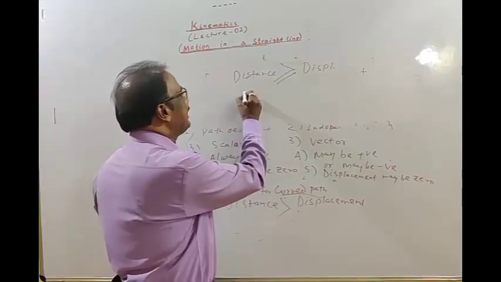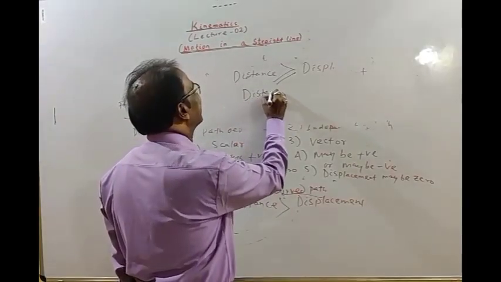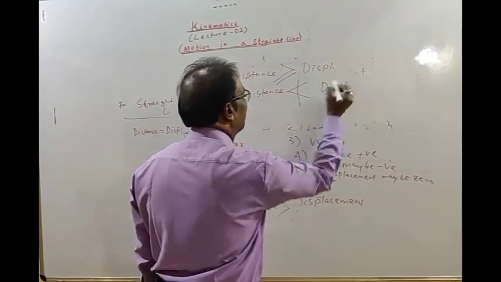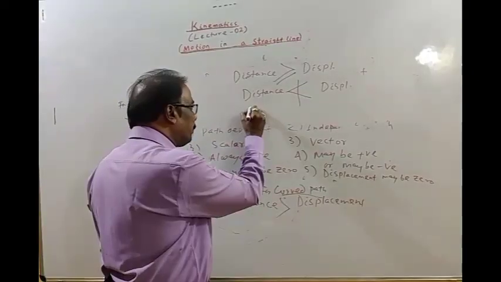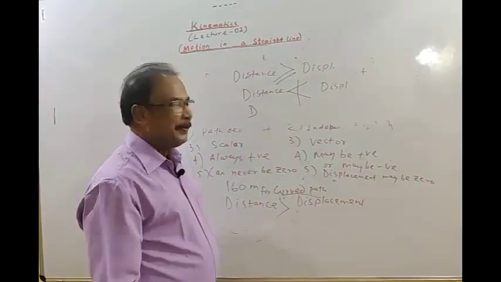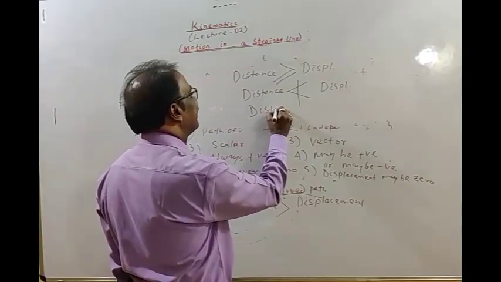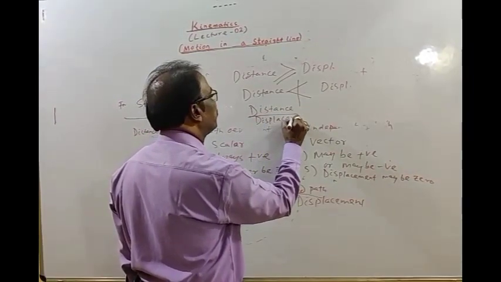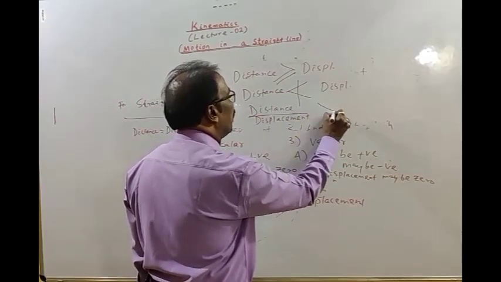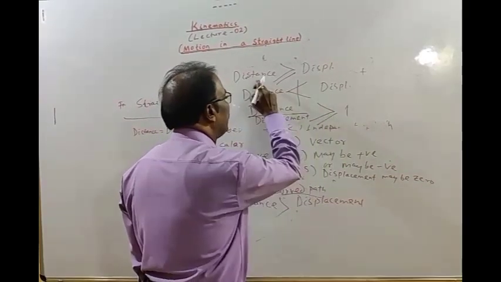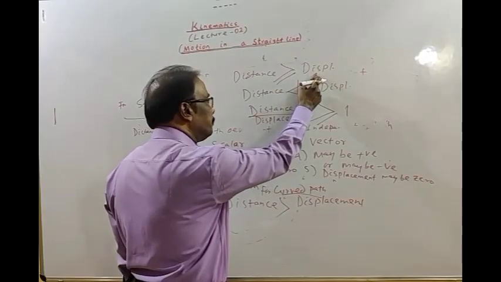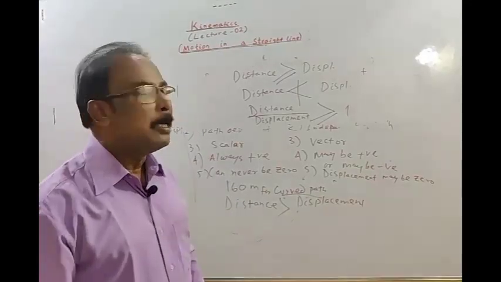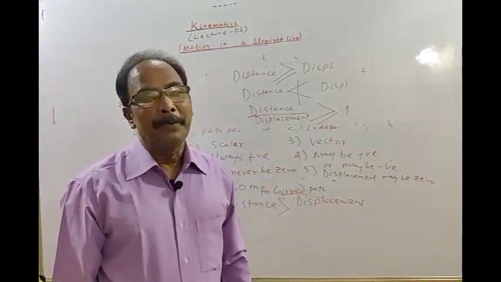So obviously we can say distance can never be less than the magnitude of displacement. Now, the numerical ratio of distance to displacement is either greater than or equal to 1. Distance is greater than or equal to the magnitude of displacement. So the ratio of distance to the magnitude of displacement is greater than or equal to 1.